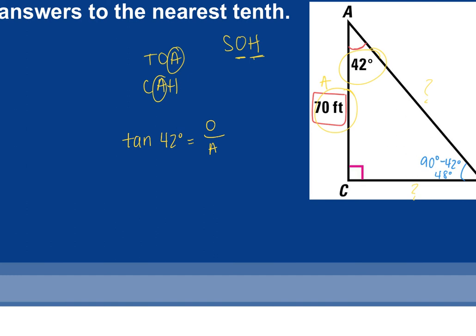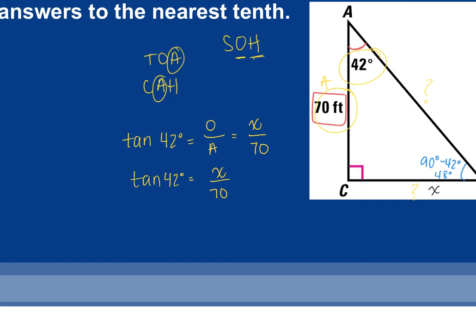Once we've set it up correctly, the opposite we don't know, so let's plug in a variable, x. That means we've created x down here as our opposite side, and the adjacent side is 70. So we have the tangent of 42 degrees equals x over 70.